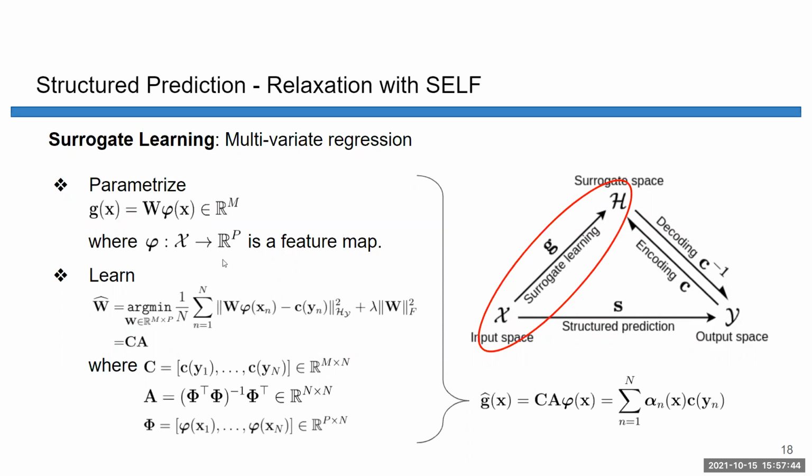For surrogate learning, we use multivariate regression or kernel ridge regression. For the mapping rule G of X, we parameterize it with W times phi of X, where W is the parameters to learn, and phi is a feature map. By solving this optimization problem, we obtain this mapping rule G, denoted as G hat.